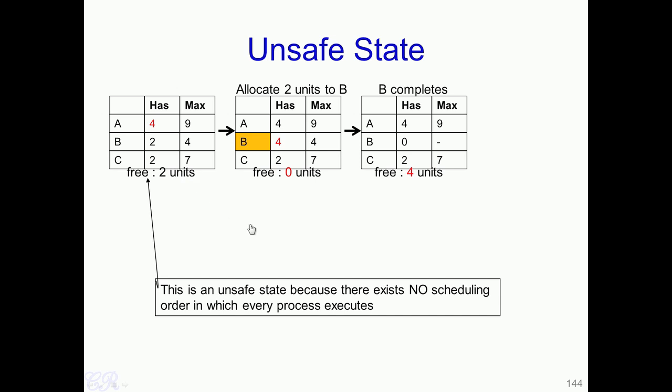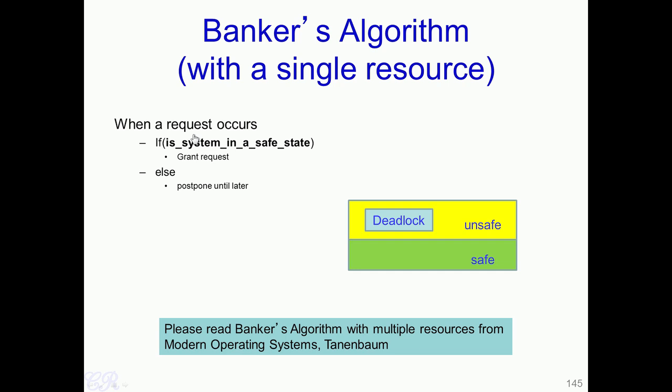So, this is an unsafe state and the banker should ensure that such a state is not reached at any point. A similar mechanism can also be implemented in the operating system, where corresponding to each request the operating system will determine if the system is in a safe state.